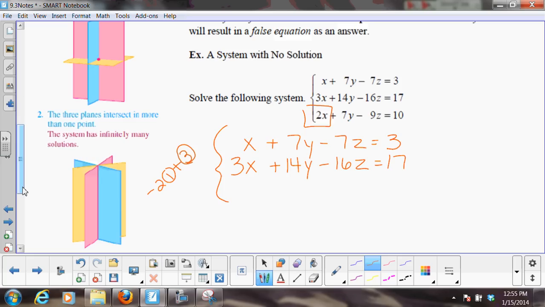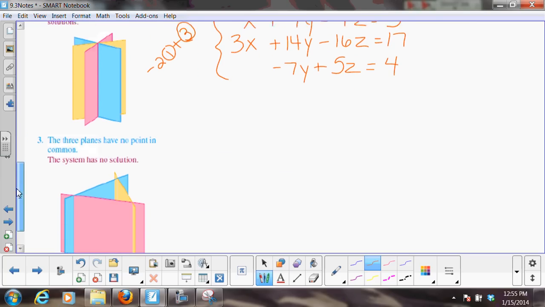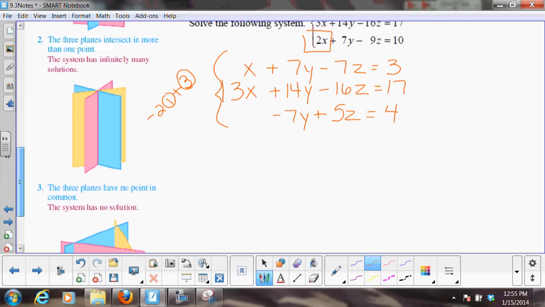Negative 14 plus 7 is negative 7. Negative 2 times negative 7 is positive 14. Positive 14 plus negative 9 is 5. And then we have negative 2 times 3 is negative 6. Negative 6 plus 10 is 4. Oops. Not just right, it's smaller now.